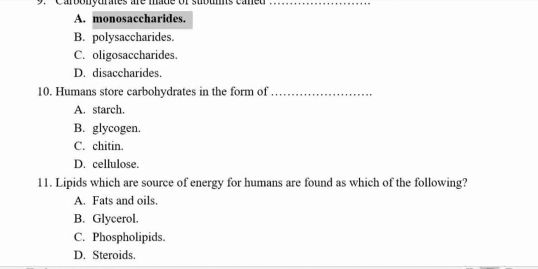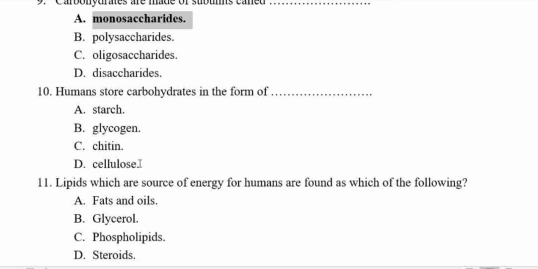Now, question number 10. It says humans store carbohydrates in the form of what? The options are starch, glycogen, chitin, and cellulose. I don't know if you know about these, but you should know about them. Starch is normally characteristic of plants.